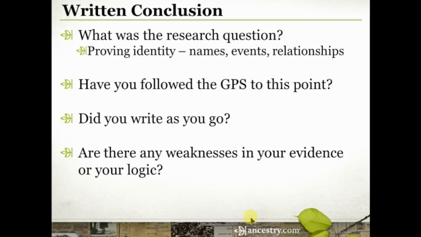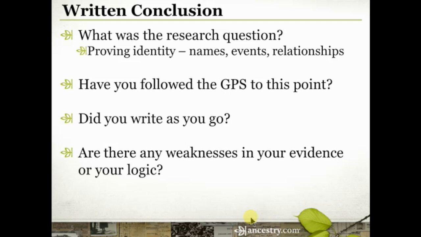So for example, if I've looked at a birth index and a birth record, one of those was created from the other. So they're not really independent sources. Or if I've looked at a family Bible and then a pension file, where that pension file got the evidence from the family Bible, again, not really two unique pieces of evidence. That one is dependent upon the other.